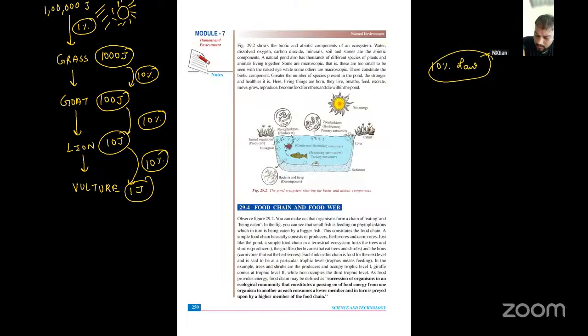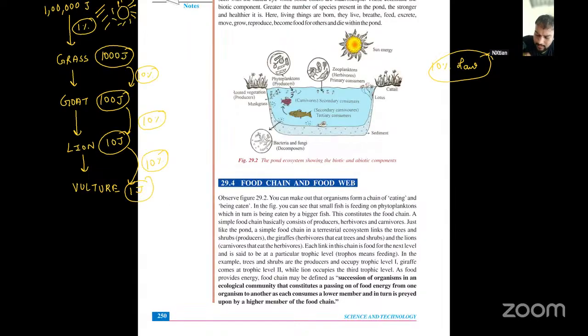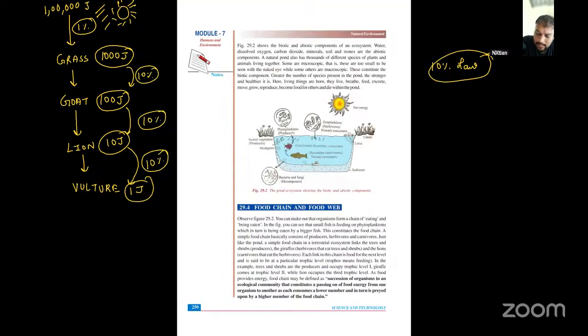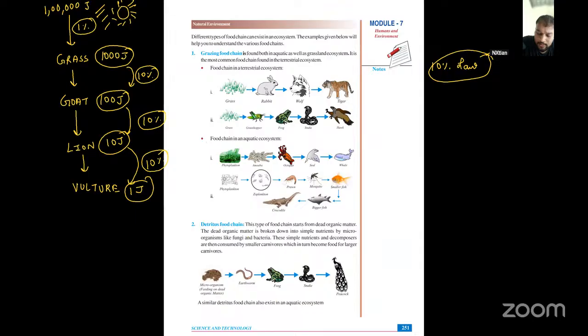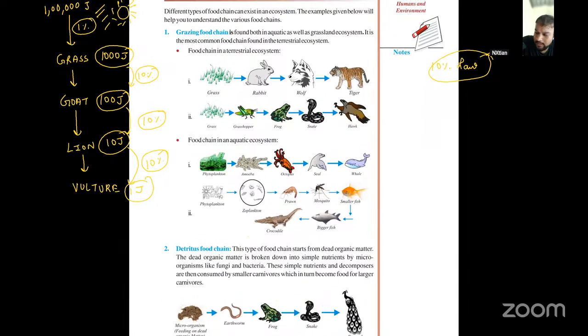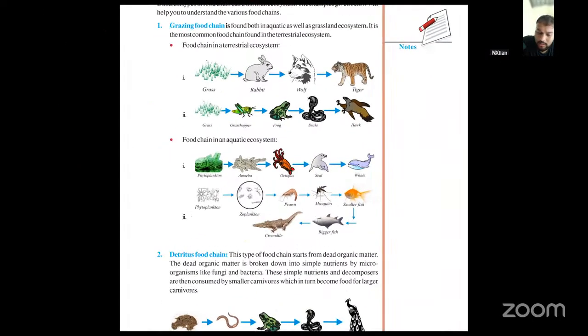And now we read it from here. Basically, there are two types of food chains. First is the detritus food chain, and the second is the grazing food chain.